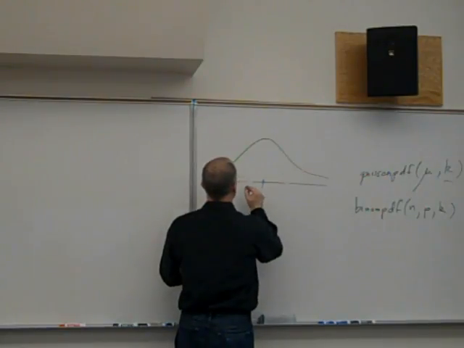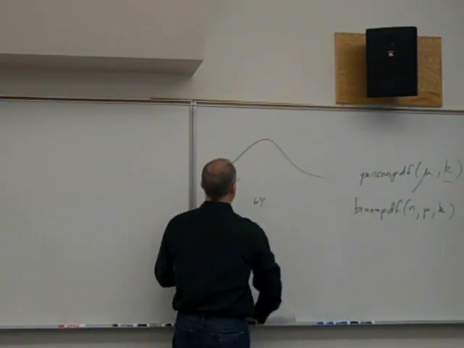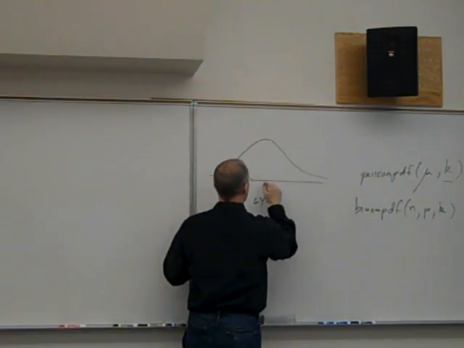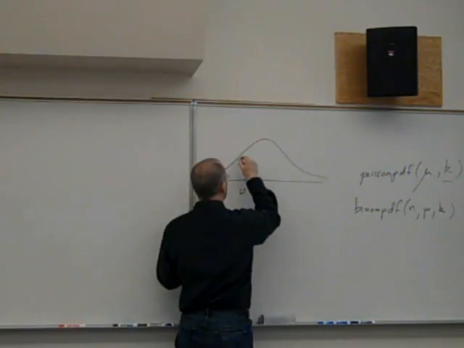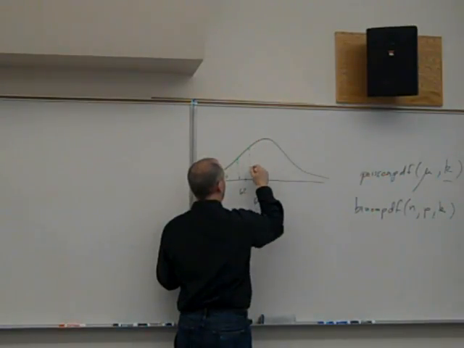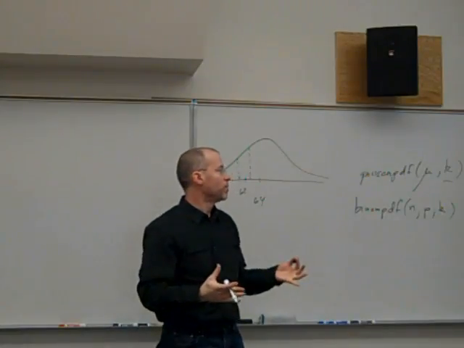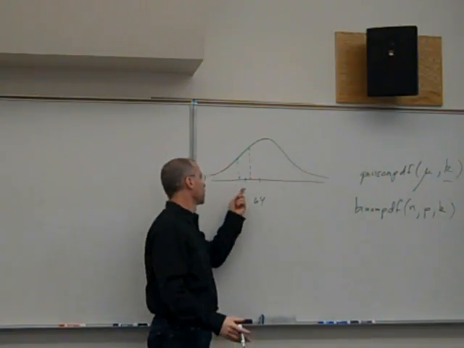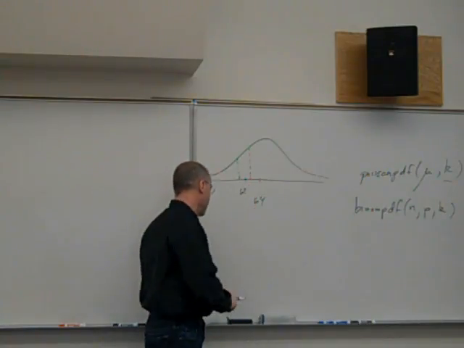Let me redo my axis here. But really by 62 inches, I mean, what's the probability that height is going to fall somewhere between 61.5 and 62.5?